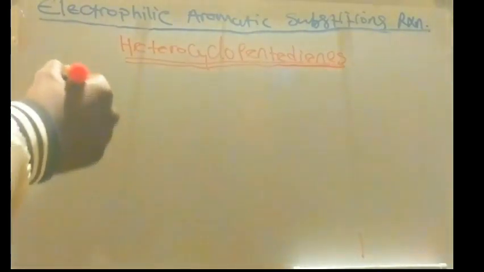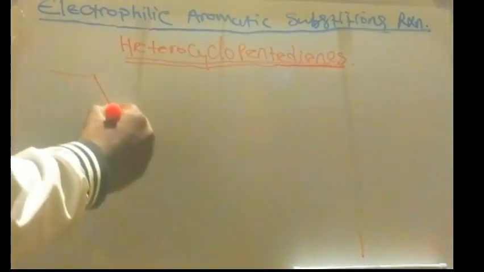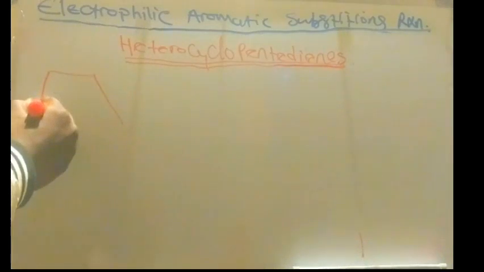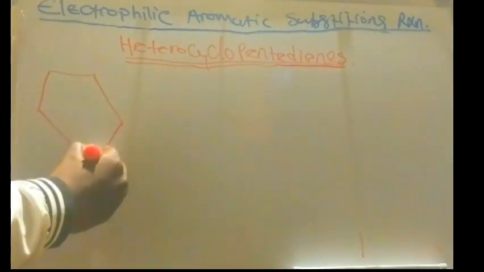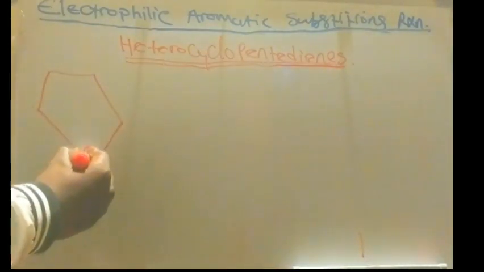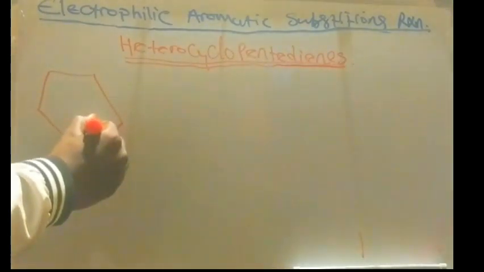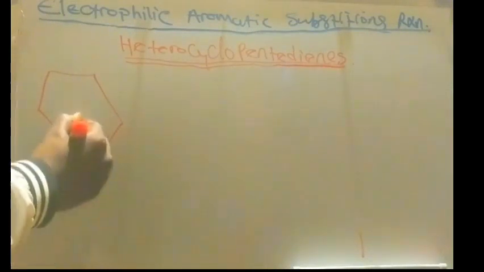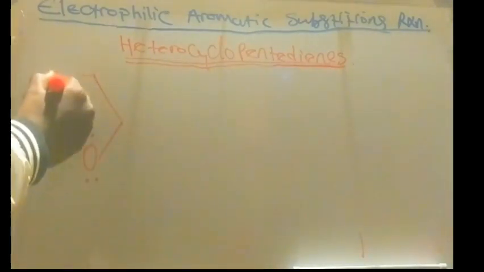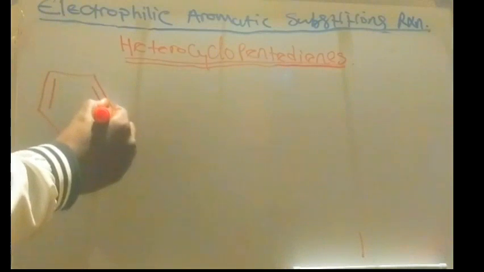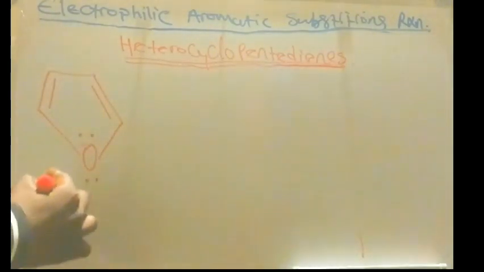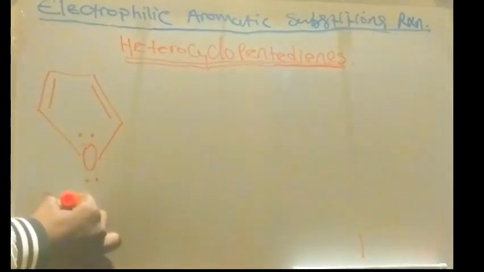So furan is a 5-membered ring, as the name suggests, and it consists of oxygen as the heteroatom. Oxygen has 2 lone pairs, so we have to indicate lone pairs always. Alright, so this is our furan molecule.